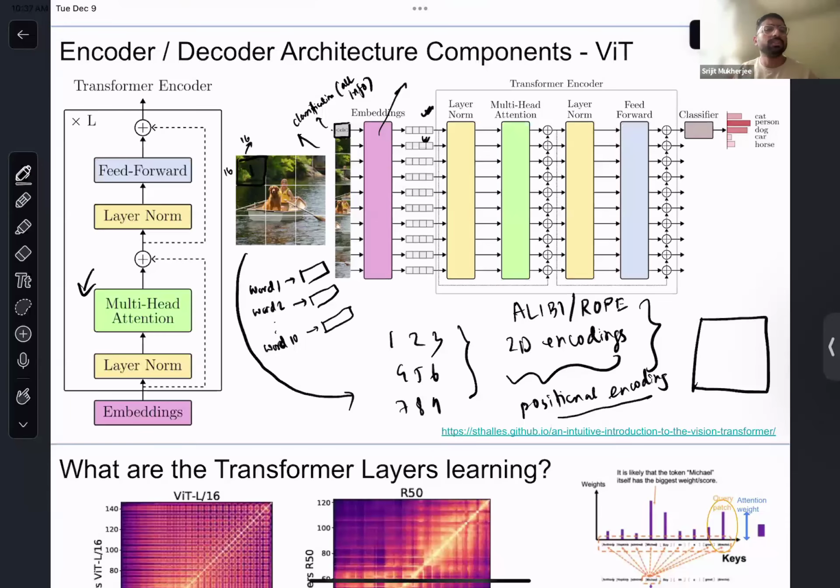Each is converted with just a linear projection. That's it. But there are different approaches. Many people apply convolution because they want to have that inductive bias of convolution. But many people just unroll it to a single vector and then do a linear projection to get this. Does it make sense? Yeah. So there is no name for it. Yeah, absolutely.